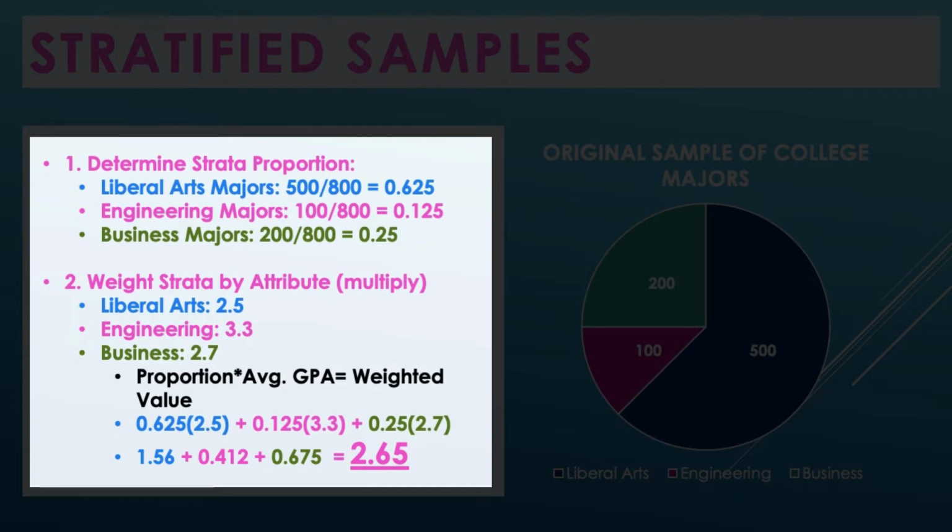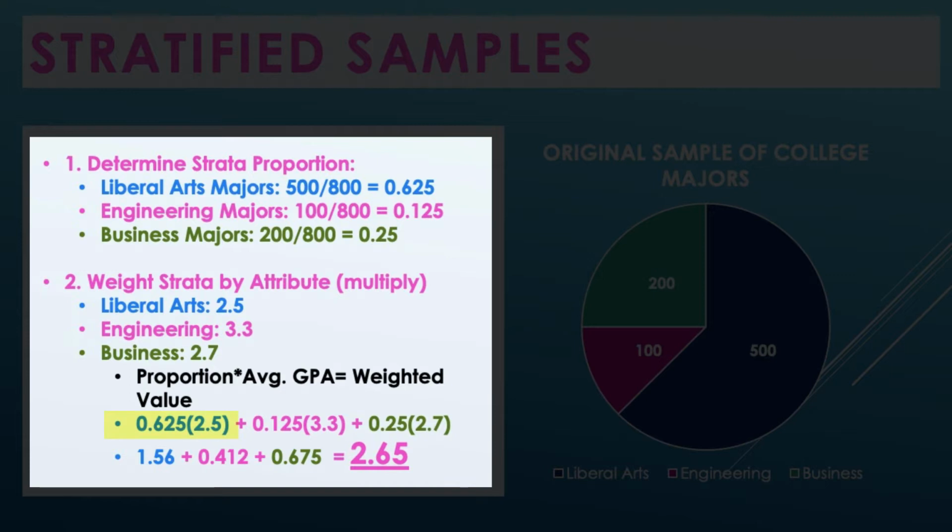We're weighting these values, these attributes, these variables in a way that is representative of how much they constitute the entire population. So we know that liberal arts majors constitute 62% of the entire population. So we're going to multiply their average GPA, which is 2.5, times that proportion.